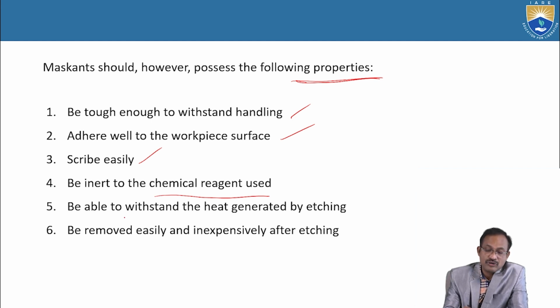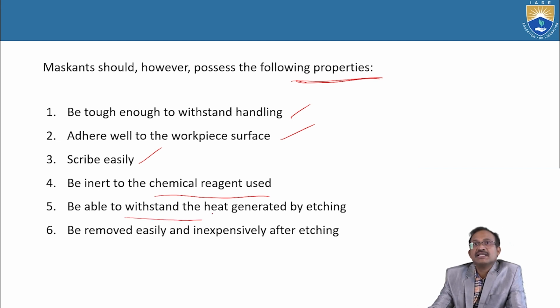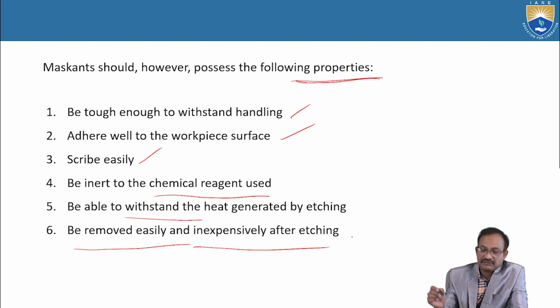Next, be able to withstand the heat generated by etching. Usually while the etching process is performing, it dissipates some heat, so it should be able to withstand the heat generated. Next, be removed easily and inexpensively after etching.